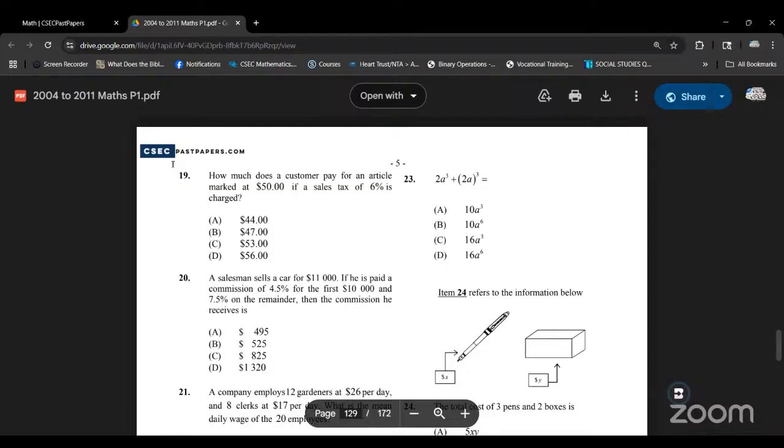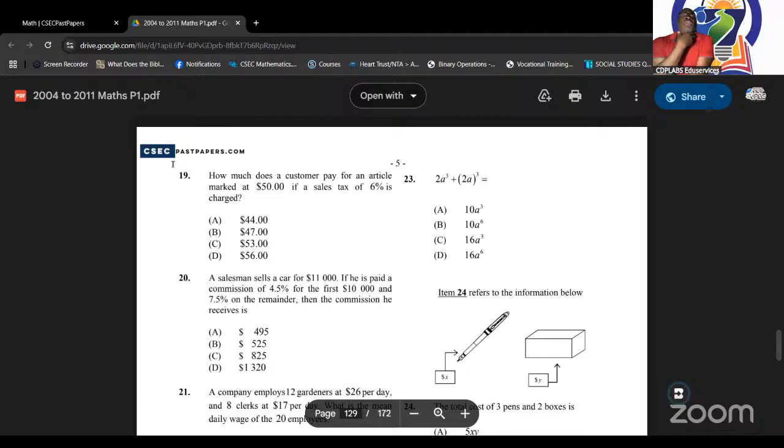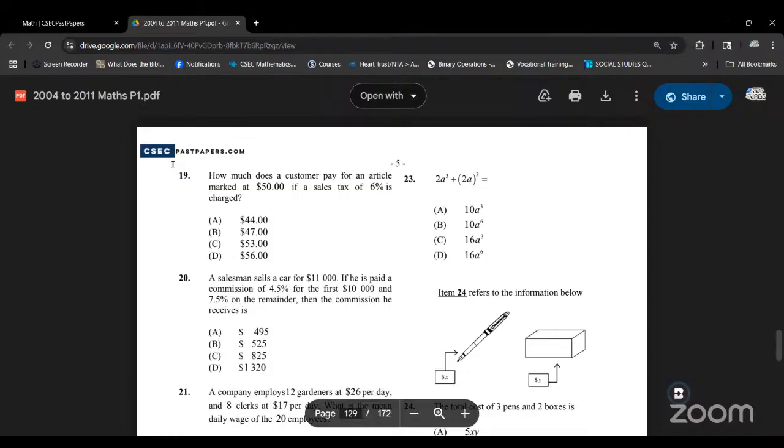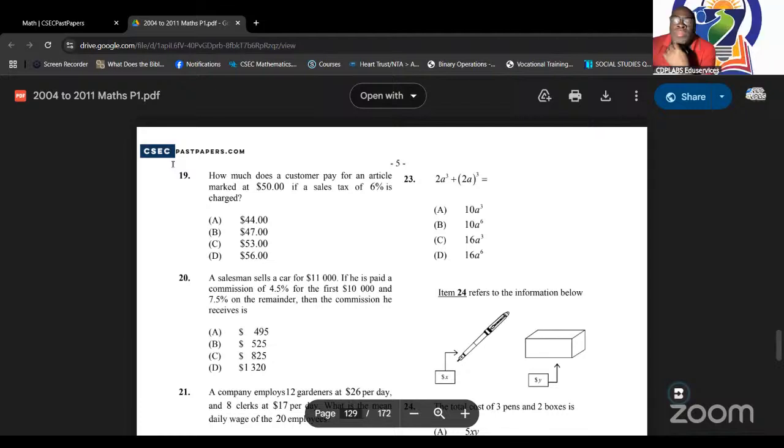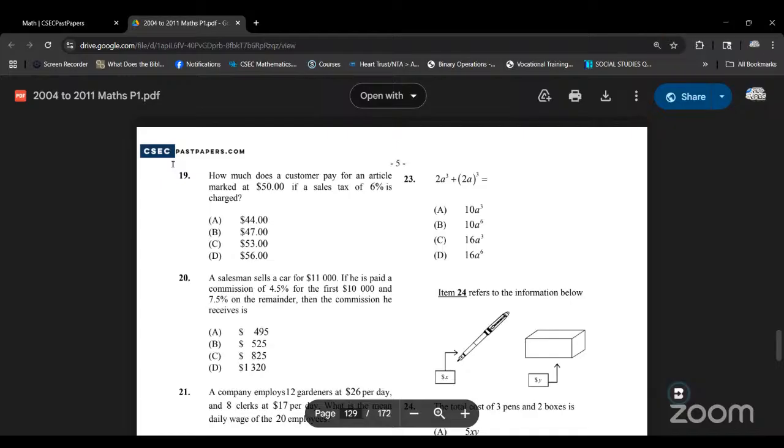$525. The 525, right? Yes, sir. Well, it came up with 525 now. So 1% of 11,000, then 4.5% of 11,000.